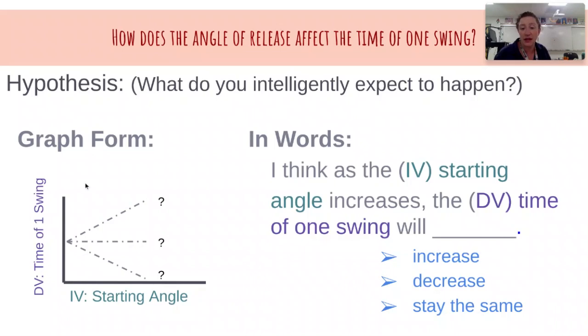How would you draw that line? Or if you think that the time is going to stay the same as the starting angle increases, what would that look like? I'm especially looking at your hypothesis, and it's not about whether or not it ends up being correct. It's about, are you able to match a graph with words and put those together? So you'll give it a try for this one.